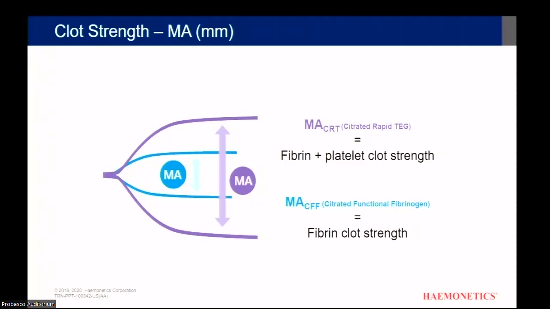Conversely, if your CFF MA is normal, but your overall MA is decreased, you could discern that platelets may be needed if the patient is bleeding. Any questions there? How we look at those together? Turn the platelets off with abciximab. So we put ReoPro in the actual test in the cartridge.